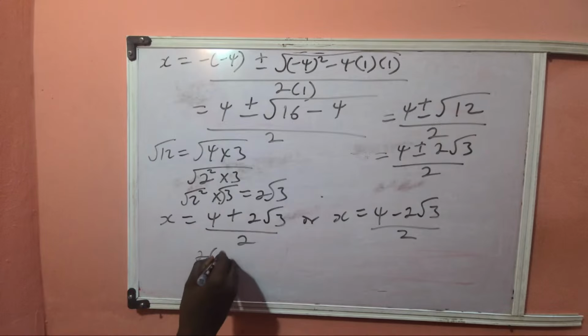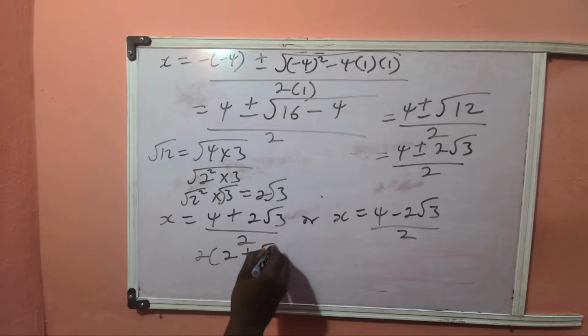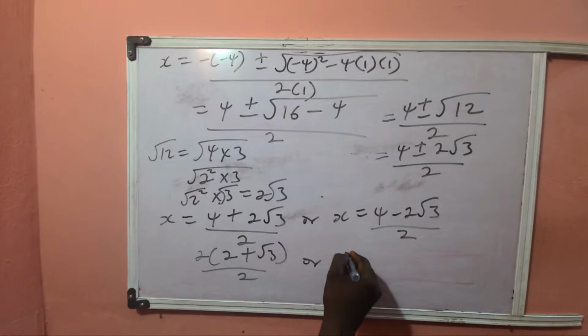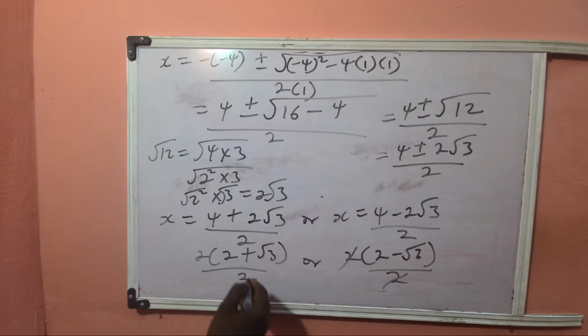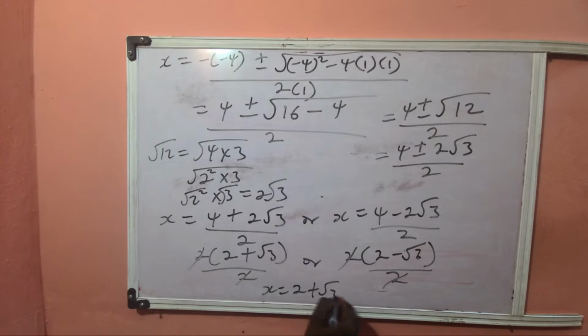So you can have 2 into bracket 2 plus root 3, over 2, or you can do the same thing here, factorize 2 out, 2 into bracket 2 minus root 3, over 2. 2 cancels 2 here, 2 cancels 2 here. So I can end up saying my x is equal to 2 plus root 3 or 2 minus root 3. How many of you got these two answers, please?